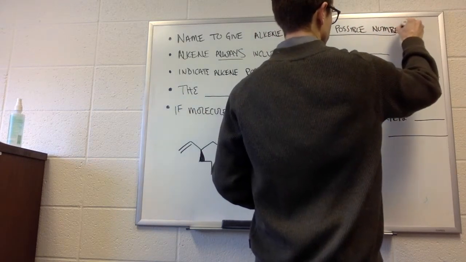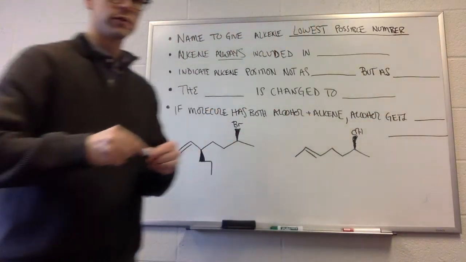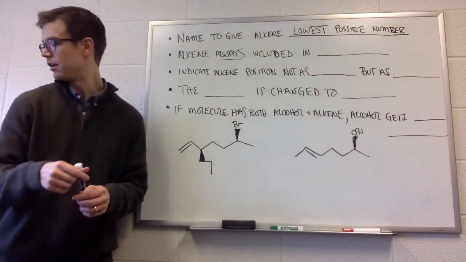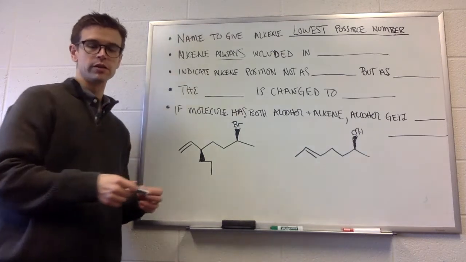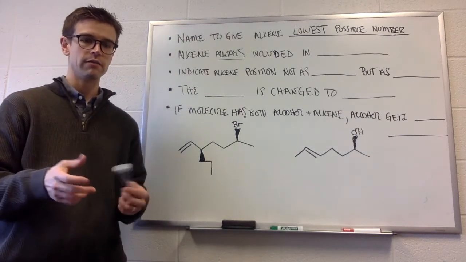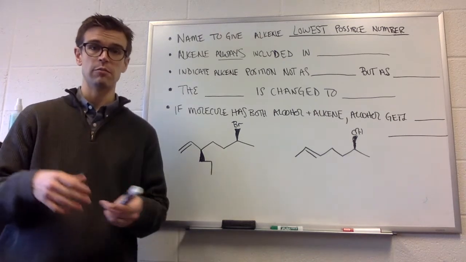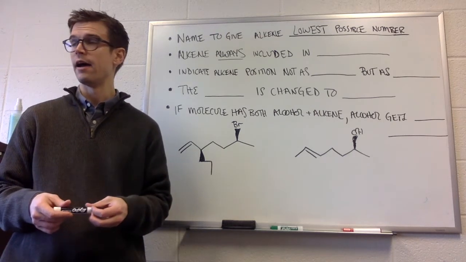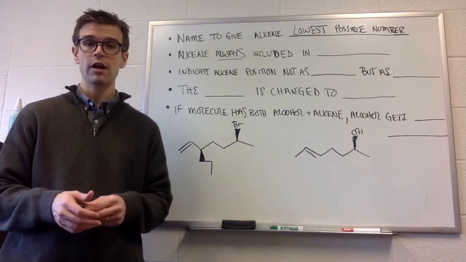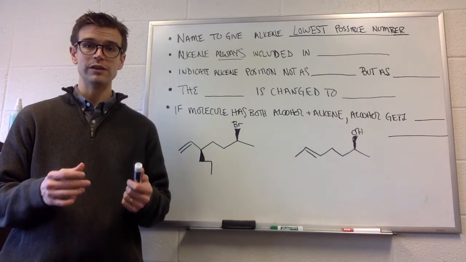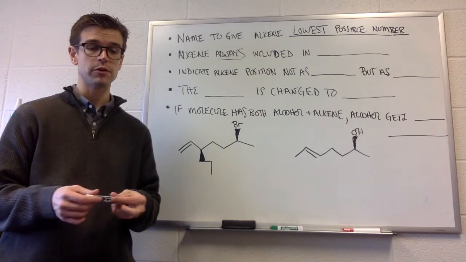So we used to have these different rules for like getting the lowest alphabetical thing first, or a variety of things. But if a molecule has an alkene and a bromide, or an alkene and an isopropyl group, or whatever, the alkene always has to get the lowest possible number.